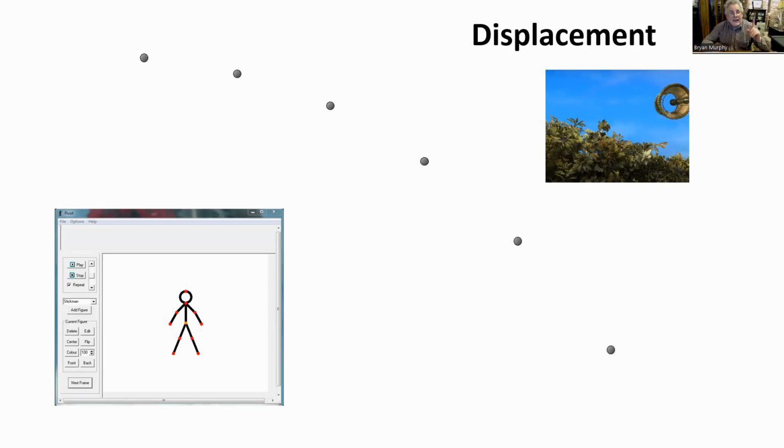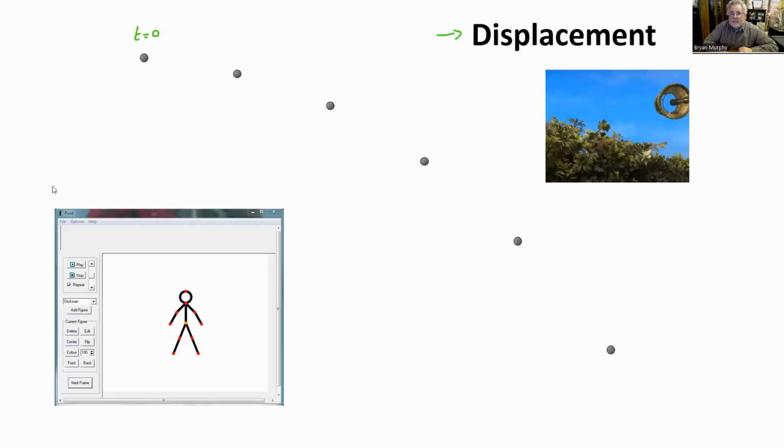Anyway, let's have a think about the three things going on. So here it is. Time equals 0. It is there. What is its displacement after equal intervals of time?